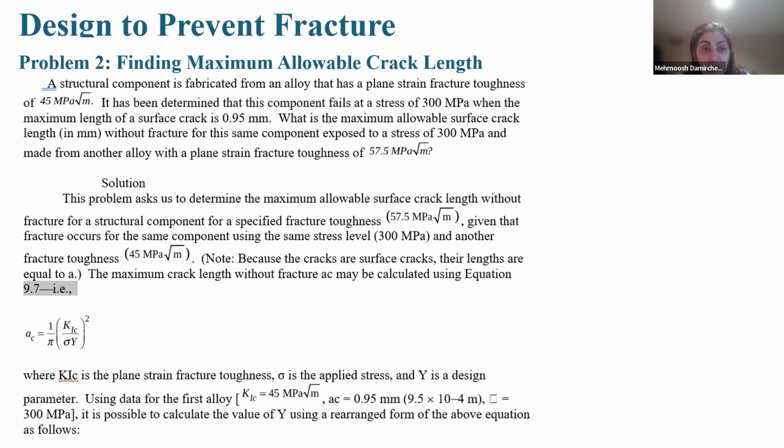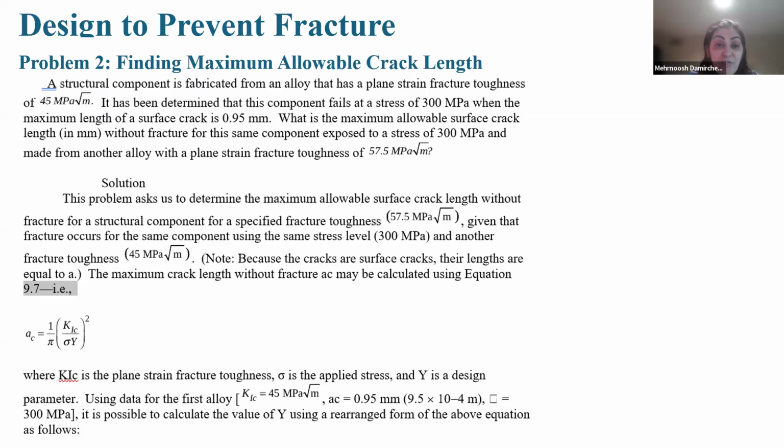For the second problem, a structural component is fabricated from an alloy that has a plane strain fracture toughness, or K1C, of 45 megapascal root meter. It has been determined that this component fails at a stress of 300 megapascal.